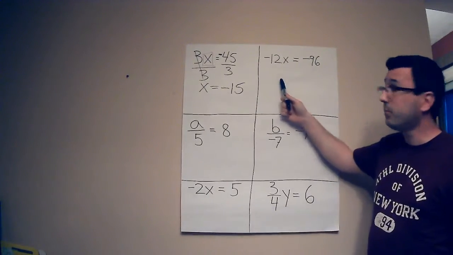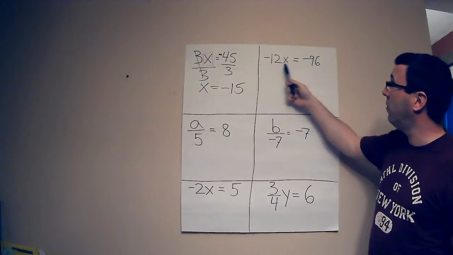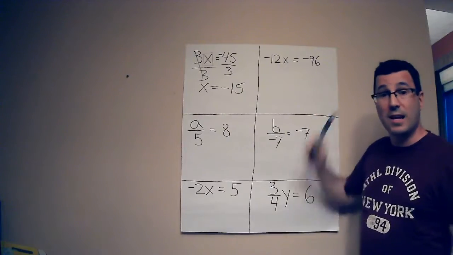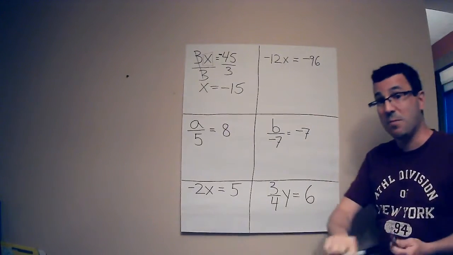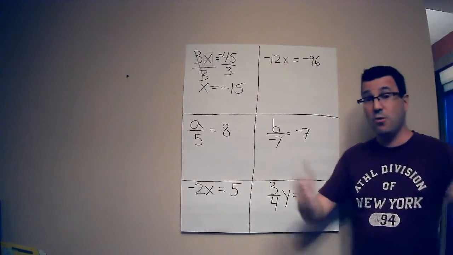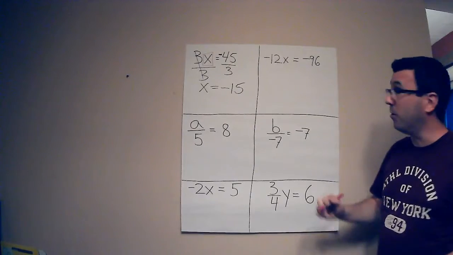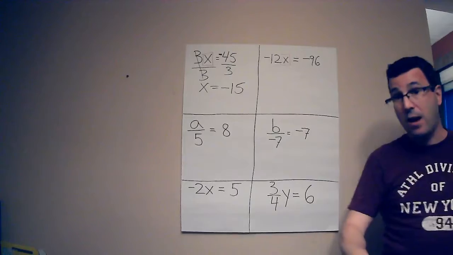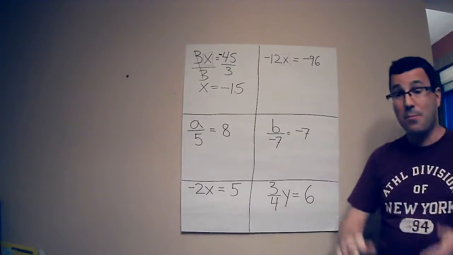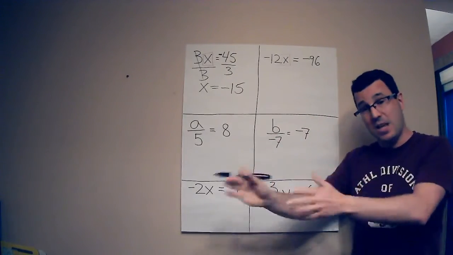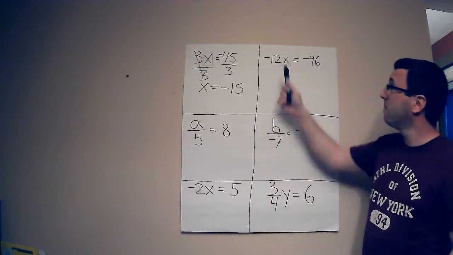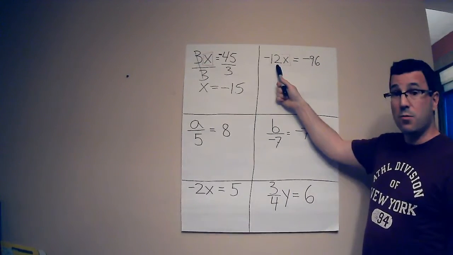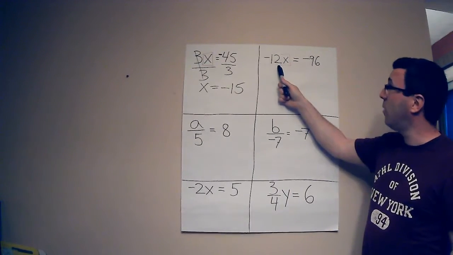Over here, I have a negative 12x equals negative 96. Notice I'm not using huge numbers, but I'm also not using really small numbers. Again, here's my x. That's the variable that I want to keep. I want to have x equals at the end of this. So, what needs to move? This negative 12.